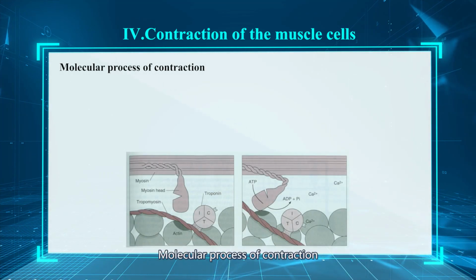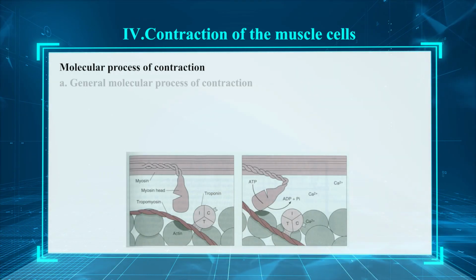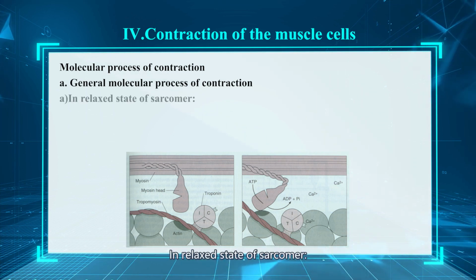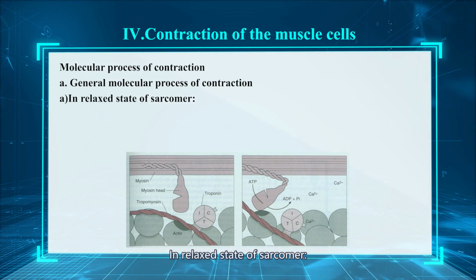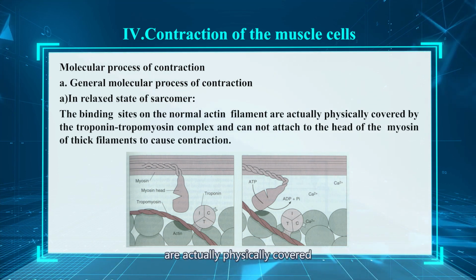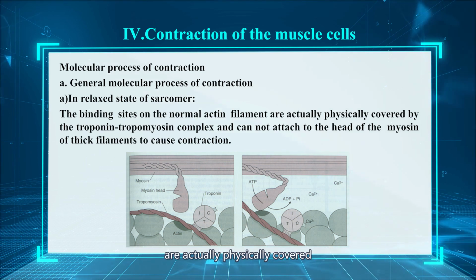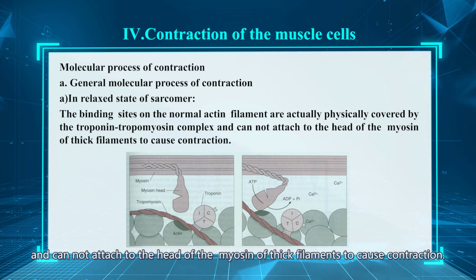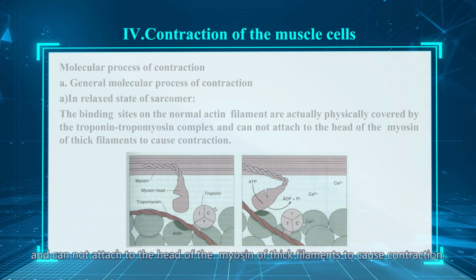General molecular process of contraction. In the relaxed state of the sarcomere, the binding sites on the actin filament are physically covered by the troponin-tropomyosin complex and cannot attach to the head of the myosin of the thick filament to cause contraction.